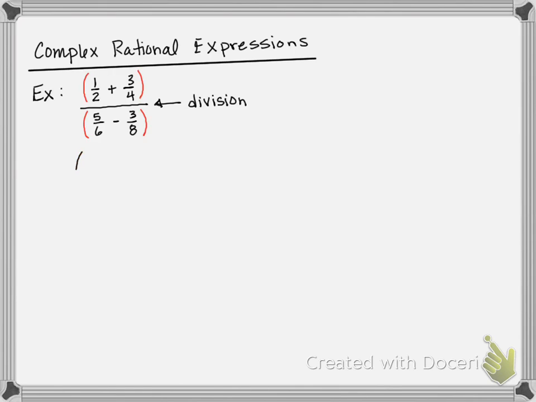So we have 1/2 plus 3/4 divided by 5/6 minus 3/8. Those parentheses are really important because as soon as I take the numerator and denominator out of the fraction, we don't have the fraction bar to group them together.